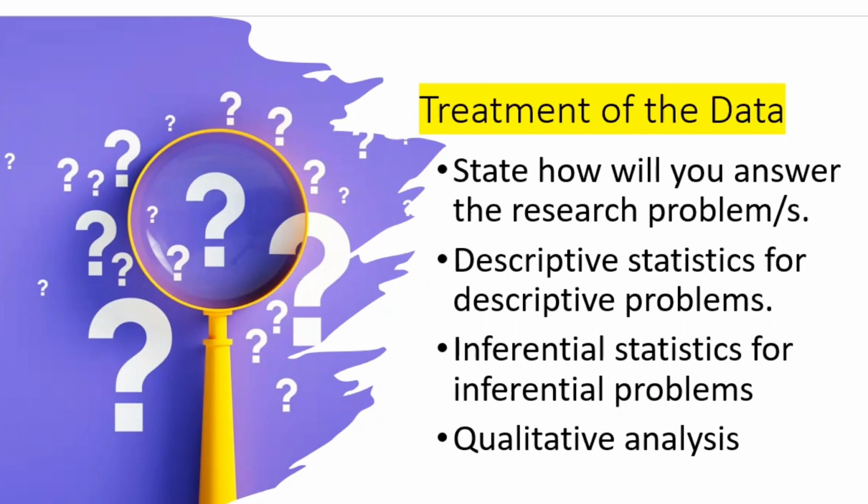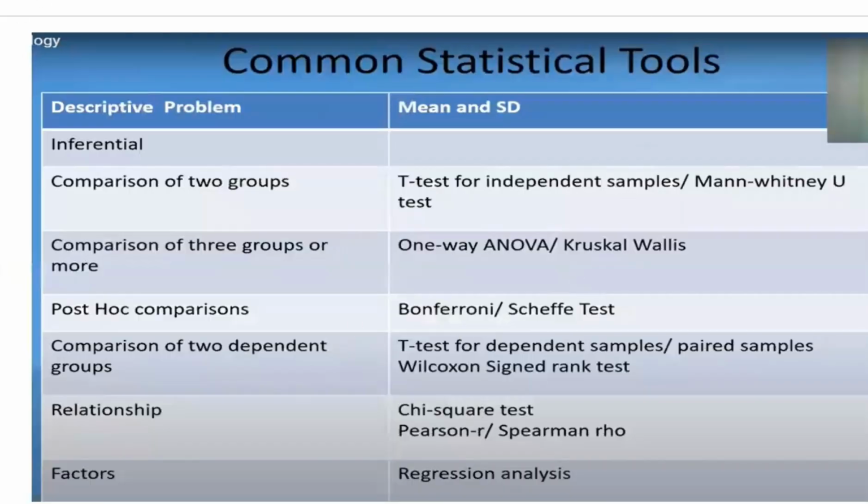We need descriptive statistics for descriptive problems, inferential statistics for inferential problems, or qualitative analysis if it is qualitative, and quantitative analysis if it is quantitative, as well as how you test that null hypothesis, if it is acceptable or not. And statistical tools also should be seen on the last part of the research methodology.